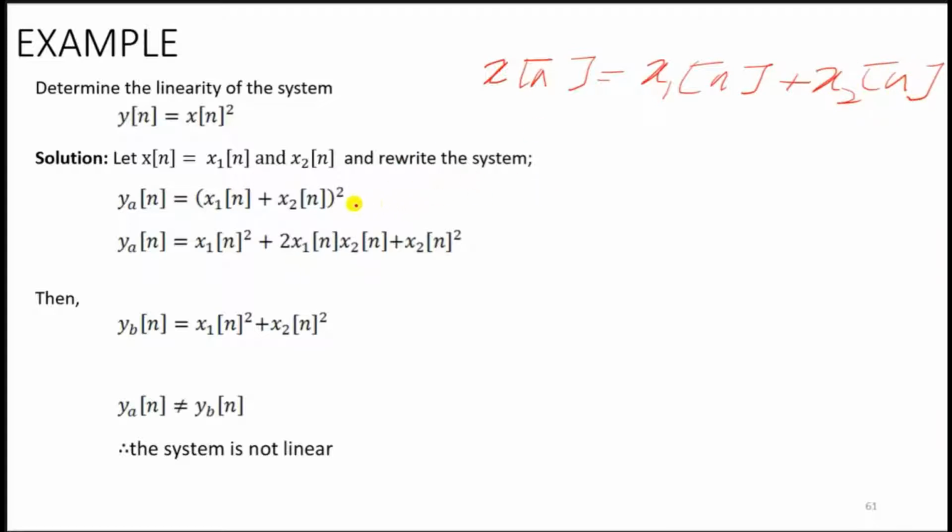We write the system, where x[n] is replaced by this definition, so you have (x1[n] + x2[n])^2, and then you expand the equation and you get this.